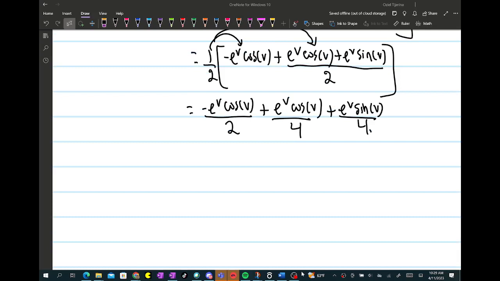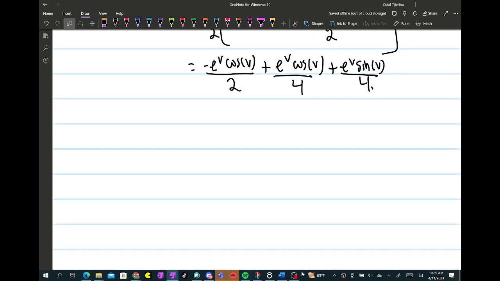Okay, so what I'm going to do is the following. I am going to try and add all of these, and then we're going to factor out the fraction. So negative e to the v cosine of v plus e to the v cosine of v over 4. So these two basically here, if you just look at this on its own, I can take out a 1/2.